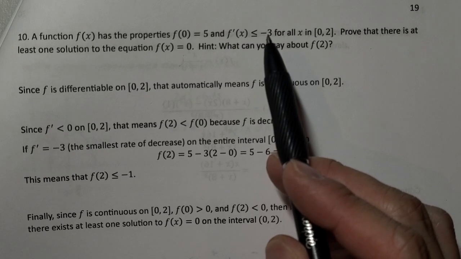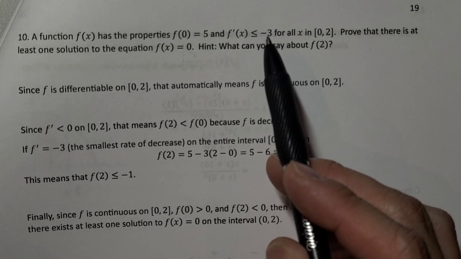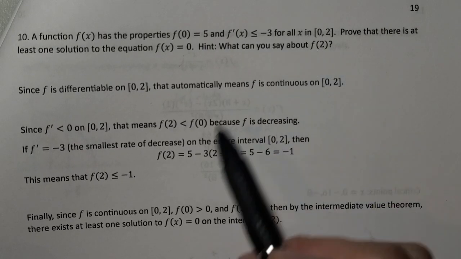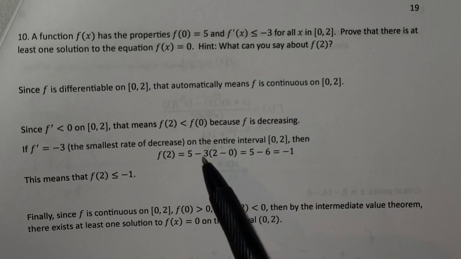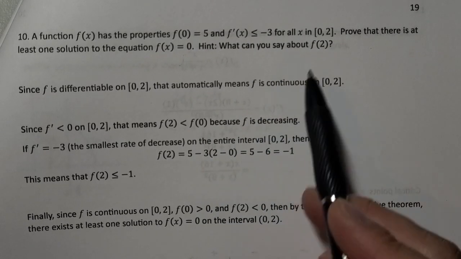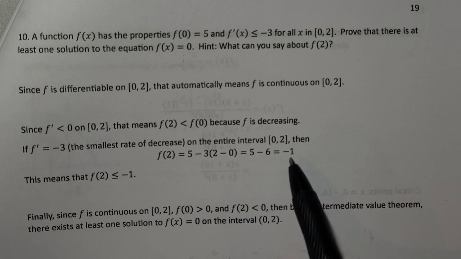Imagine it is a constant negative 3. Then it's a linear line, so we could easily find f of 2. It's 5 minus 3 times 2 minus 0, the length. This would be negative 1.